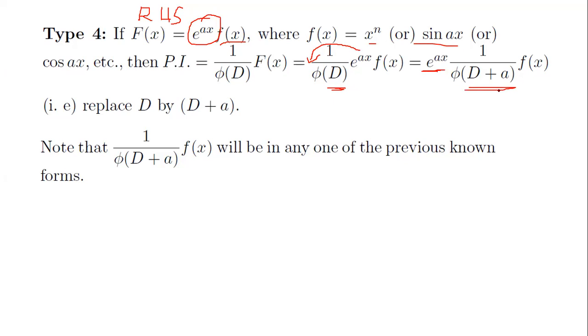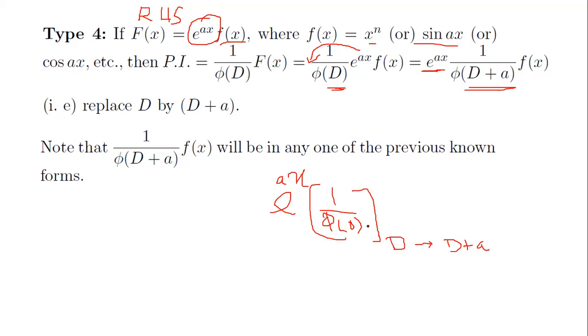Otherwise, this can be written as e power ax into 1 by phi of D, where D tends to D plus a.